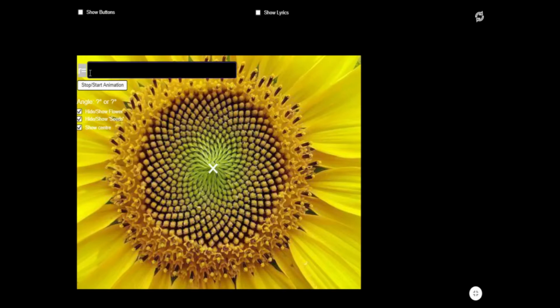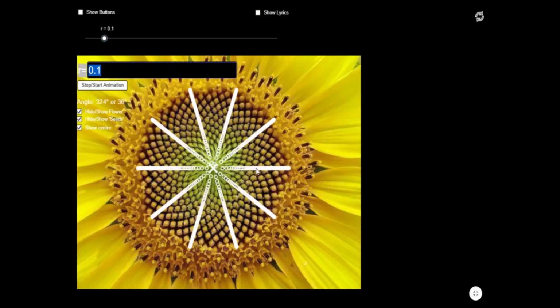So if we took the angle where we take a fraction of 360 degrees of 0.1, like I showed you before, then again you can see that you get those 10 spokes or 10 prongs. So now what we want to know is why the golden ratio. Why would the golden ratio work best?